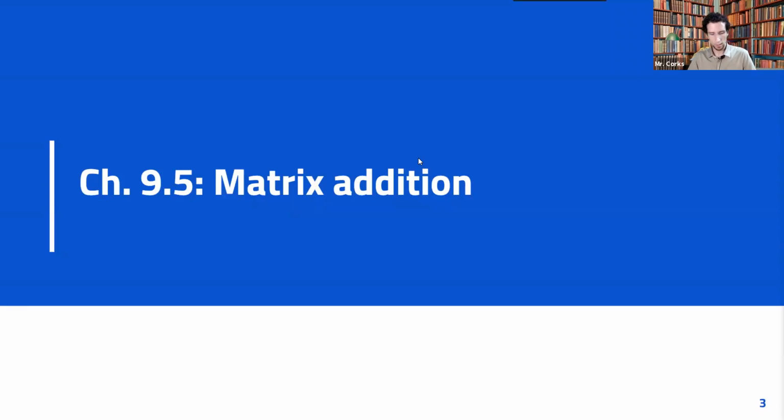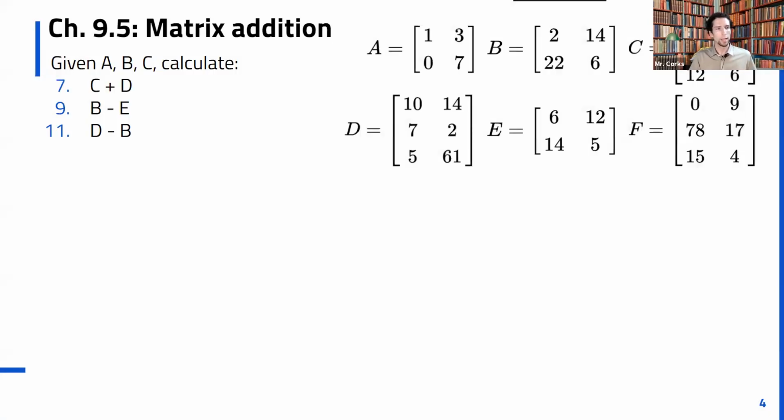Right, matrix addition. I have these matrices here, the 6 that we see up here in the top right, and then 3 specific operations that we can do on them. All right, before we jump into those, it's been a little bit since maybe we've done matrix addition.